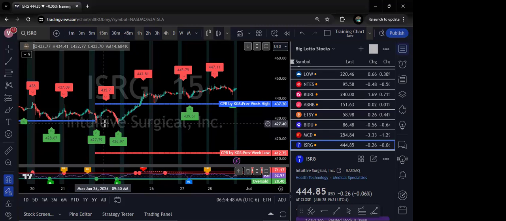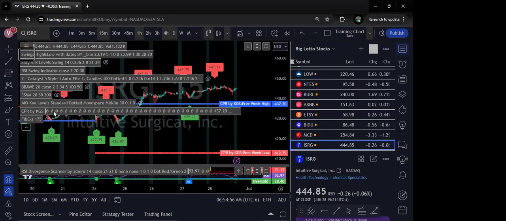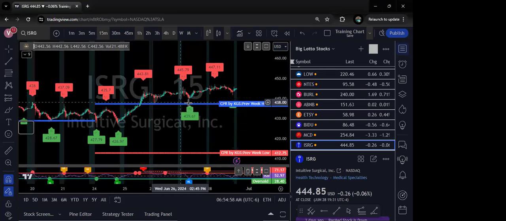This one gave us a double bottom. So you're riding it up to the previous week high, 437, and it broke it. When it breaks it, then you want to see the next level, either R1, R2, R3.